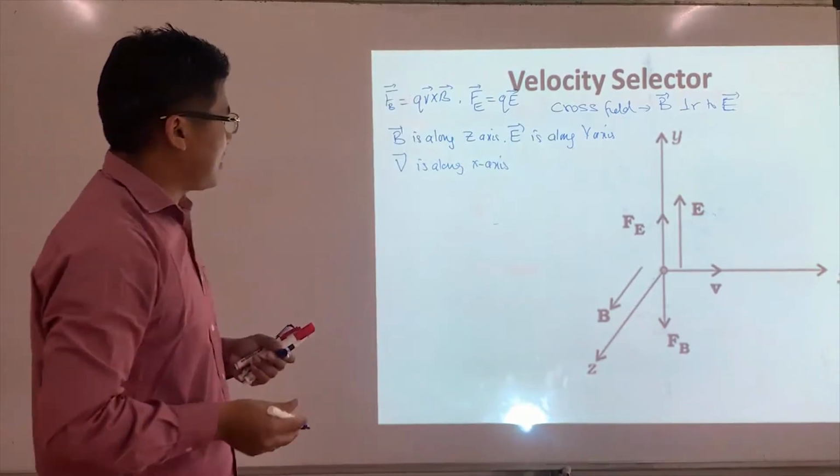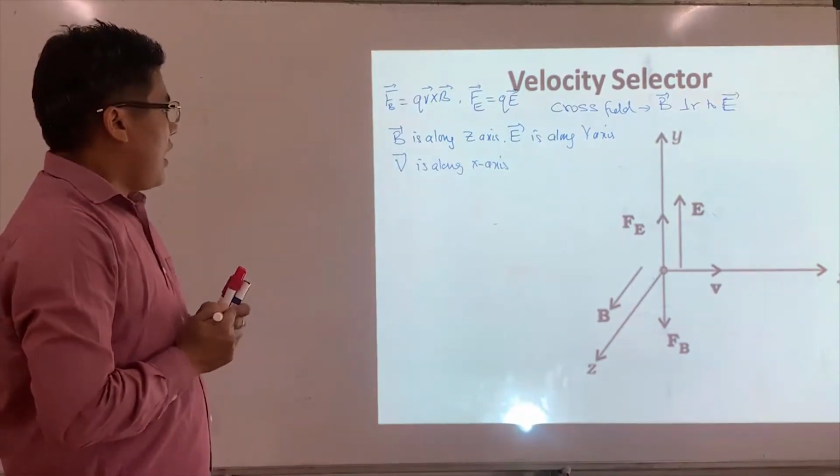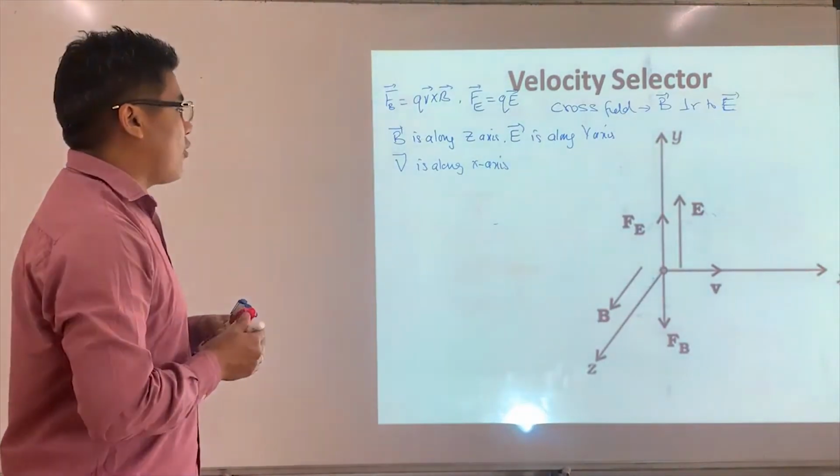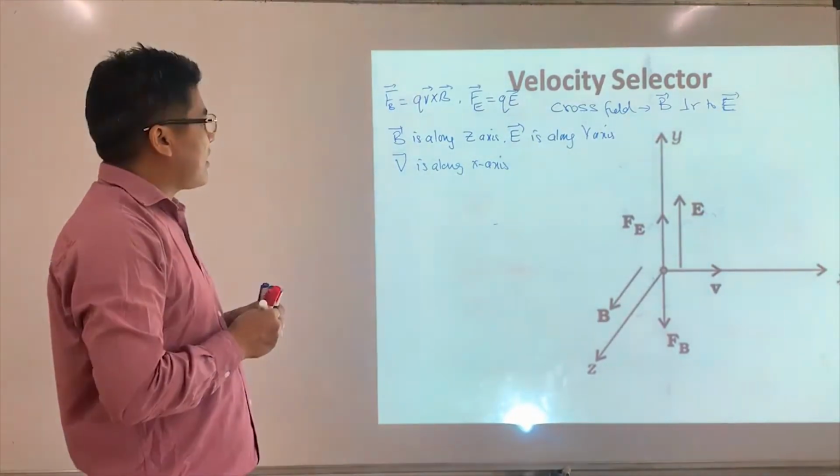This is what I have, right? And then what is going to be the path of the charged particle?